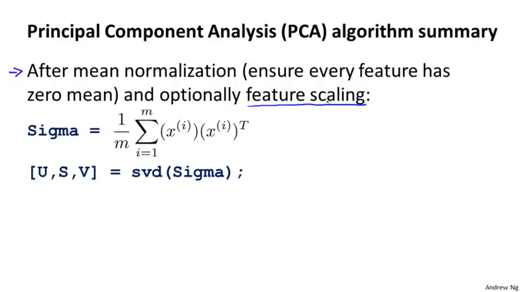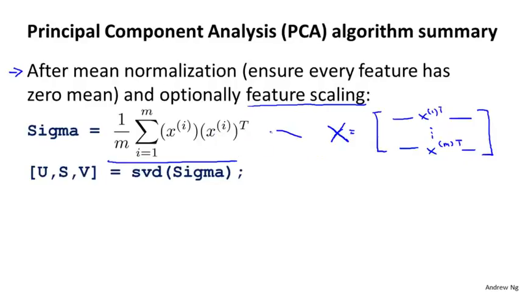And by the way, if your data is given as a matrix like this, in rows, if you have a matrix capital X, which is your entire training set written in rows, right, x1 transpose down to xm transpose, this covariance matrix sigma actually has a nice vectorized implementation, so that you can implement in Octave.